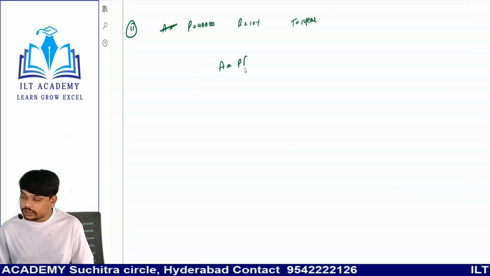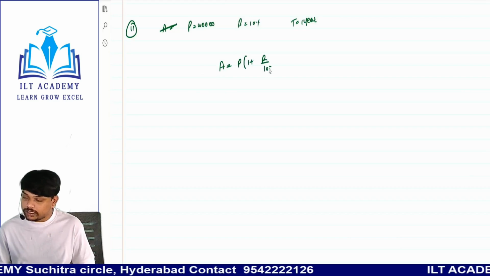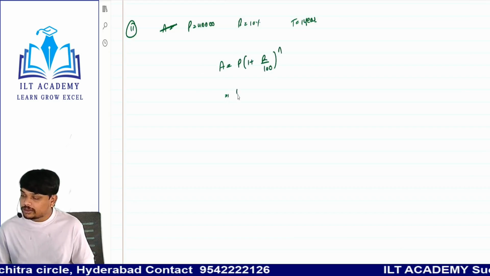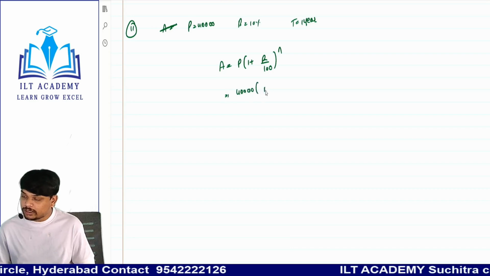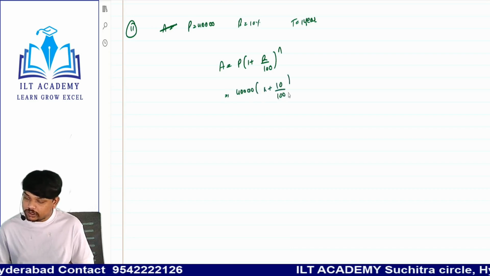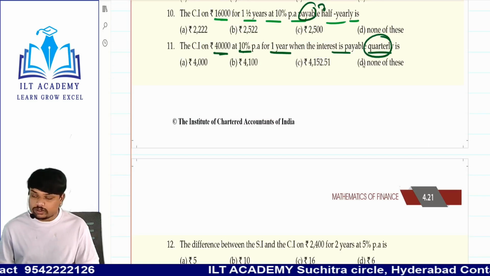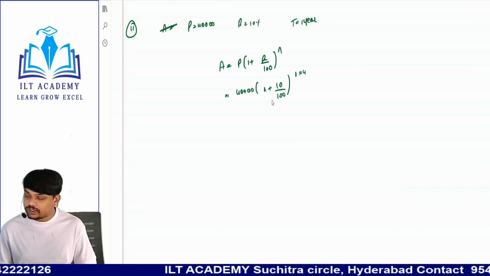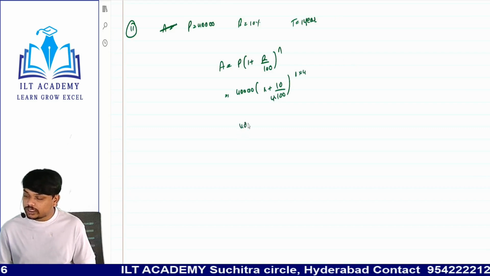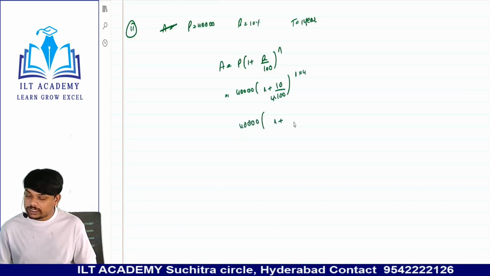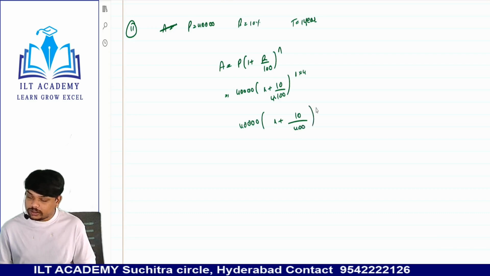Amount is P into (1 plus R upon 100) whole power n. Principal is 40,000, 1 plus 10 by 100 whole power 1 year, but it is told that it is compounded quarterly, so we need to multiply with 4. So 40,000 into (1 plus 10 by 400) whole power 4.